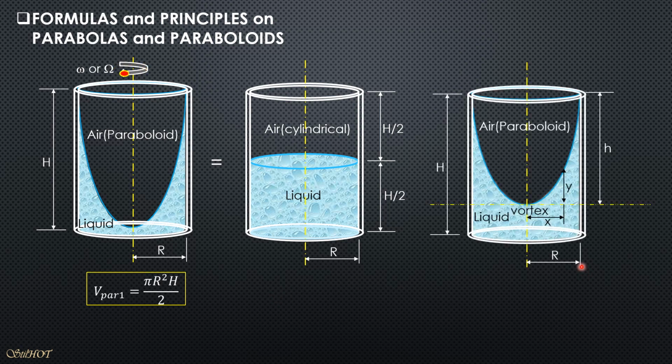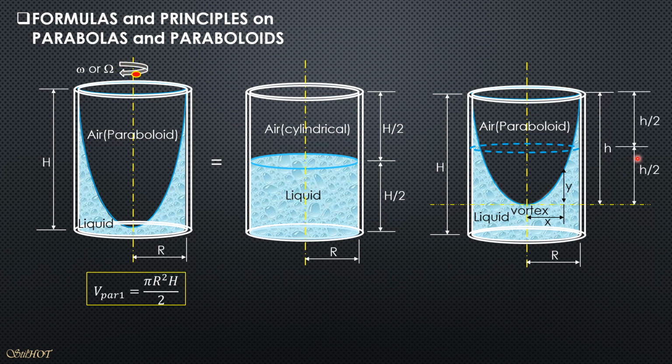Now, if we have a paraboloid such that the original depth is greater than half the height of the tank, then the same principle applies. When the tank is brought to rest, then the liquid level will have this horizontal surface here, which will divide the original height h into halves.